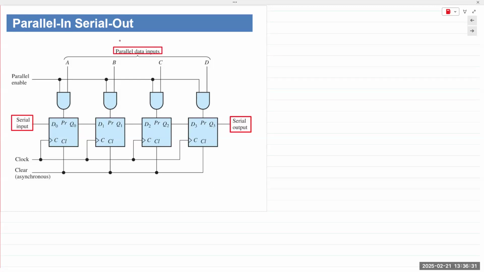All right, let's break the circuit down. What do we have here? All of the parallel data inputs are fed via an AND gate. They are fed into the circuit via an array of AND gates, and one input of each gate is connected together, known as enable.